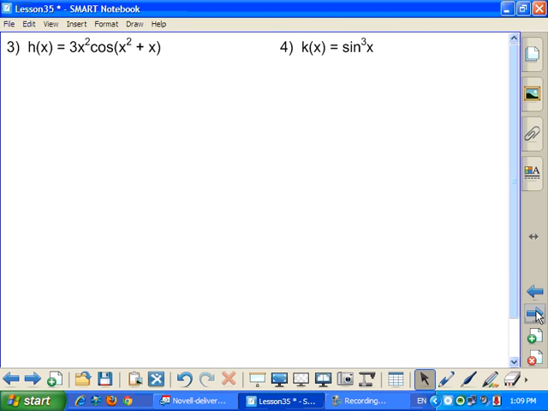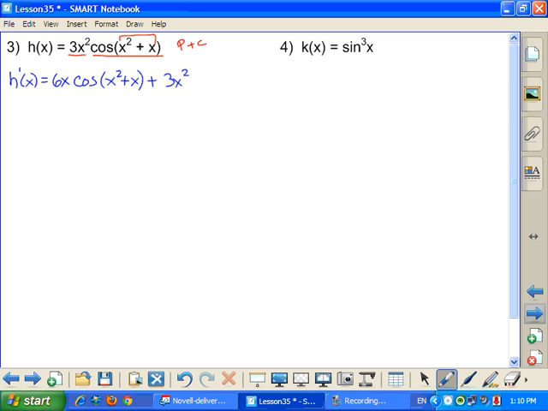All right, what do we have here now? I have a polynomial, or monomial, I guess, multiplying a trig function which has an angle other than just x. So we have product plus chain here. So h prime of x: derivative of the first function, 6x, multiplied by the second one, plus the first function, 3x squared, multiplied by the derivative of the second.